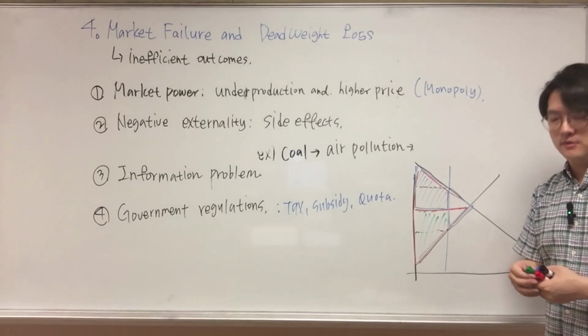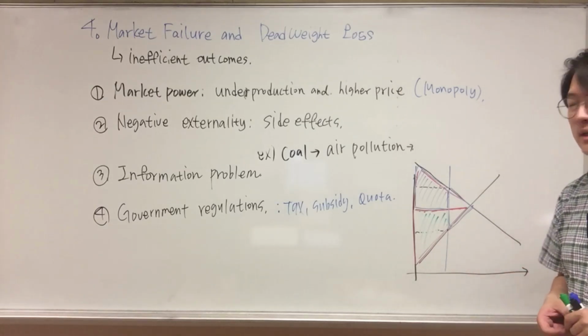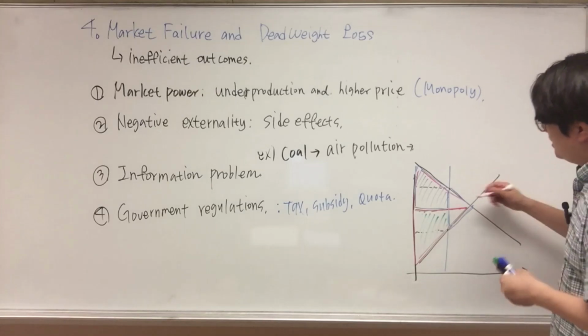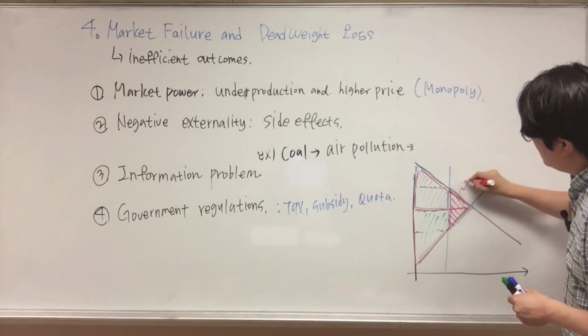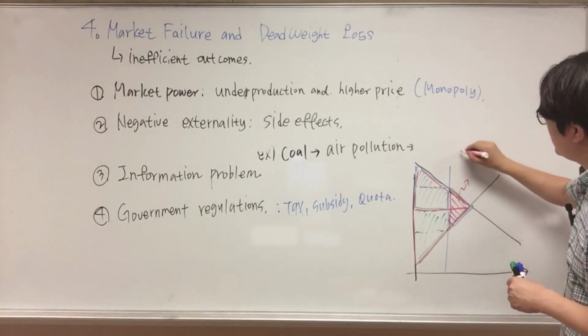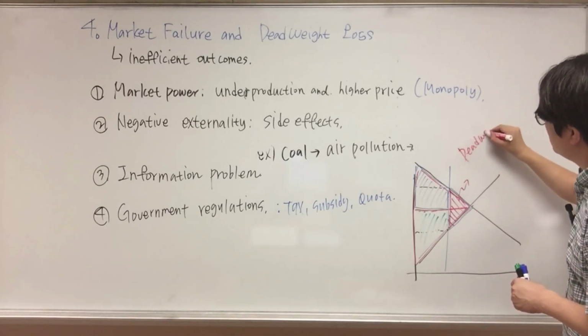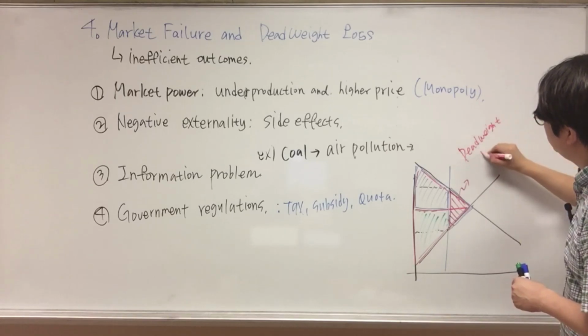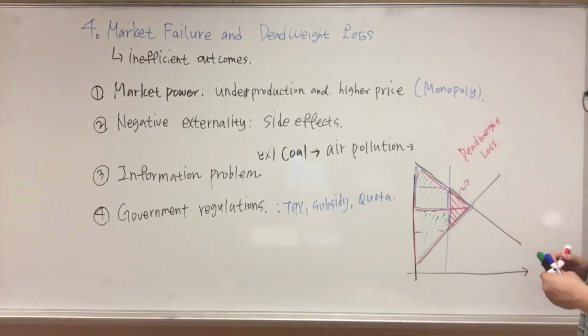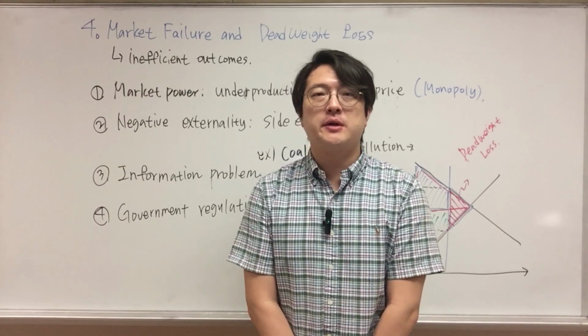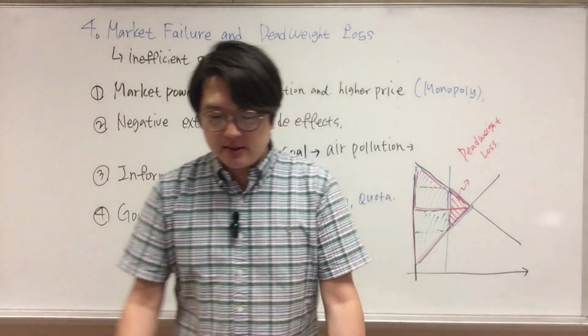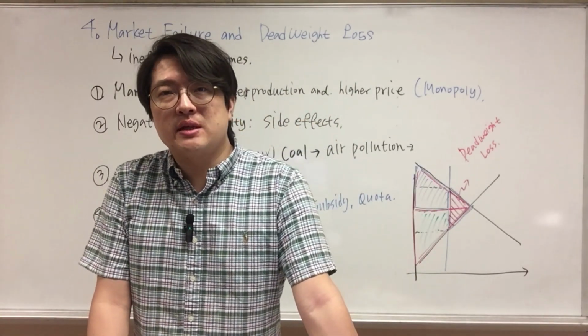No one gets it, right? Because of the restriction of quantity. Okay. So this amount is a kind of loss. So we can call it deadweight loss. Deadweight loss is the area where no one gets anything. So that is the deadweight loss. So this kind of deadweight loss causes inefficient outcomes.